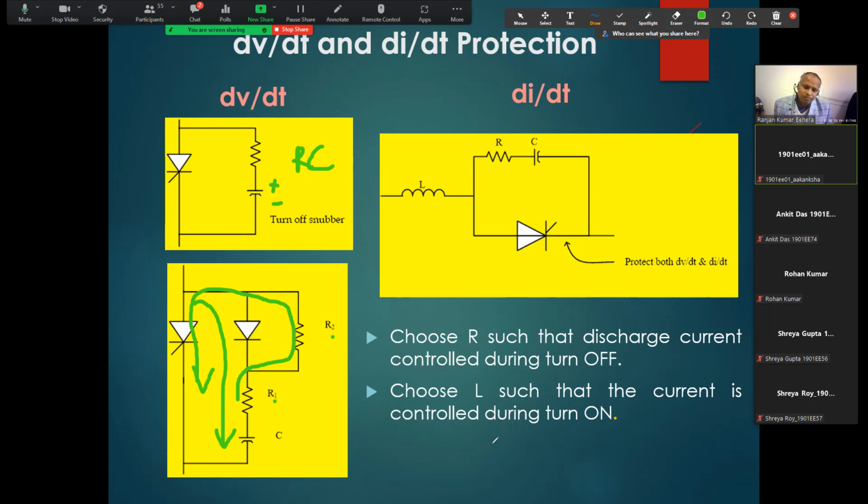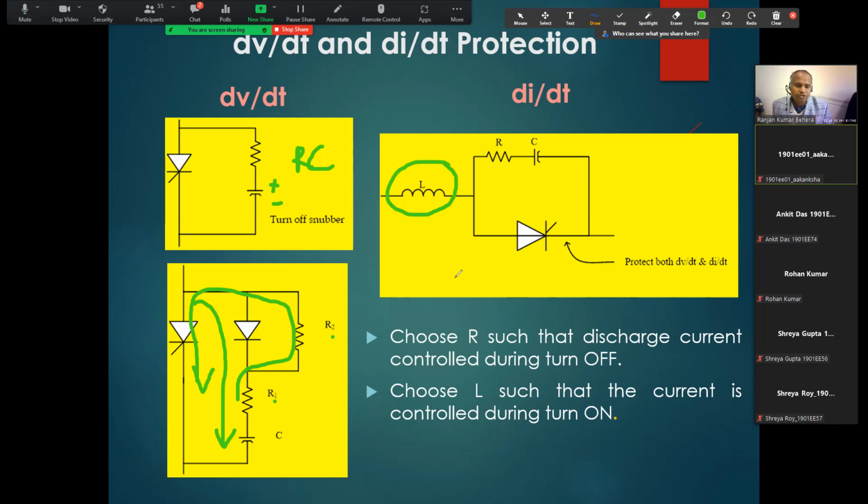And also when we turn on, you need to protect the thyristor from a large change in the current. If you put an input inductor L here, you can control the current, because in an inductor there is no instantaneous current change.